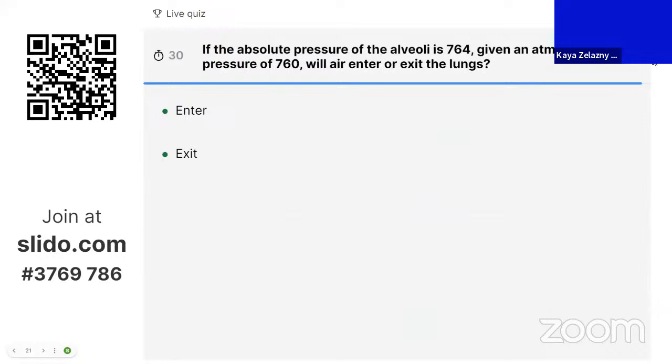So we're going to start with some absolute pressures to begin with. Let's start with an absolute pressure in the alveoli, so PALV of 764. And so you don't have to memorize it, I gave you an atmospheric pressure of 760. Is air entering, inspiration, or exiting, expiration?